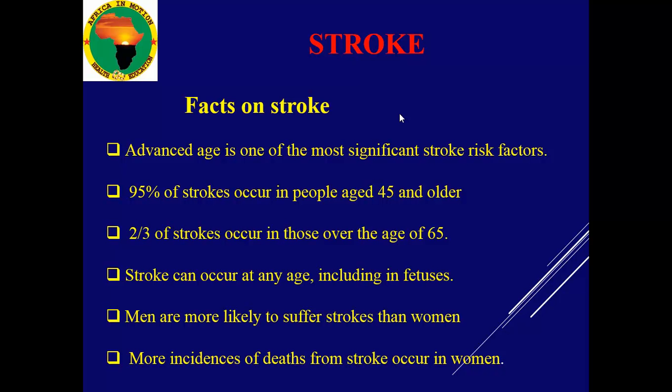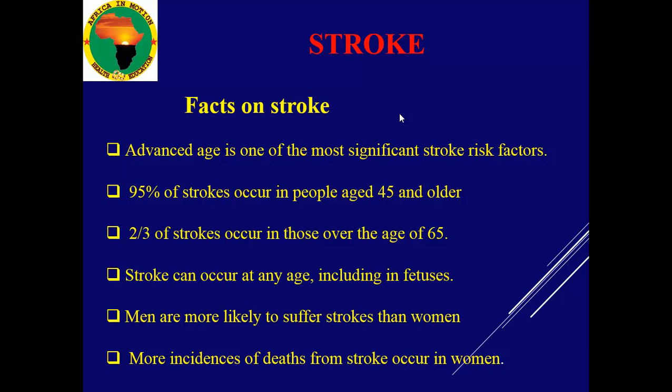Advanced age is one of the most significant stroke risk factors. 95% of strokes occur in people aged above 45 years. Two thirds, let's say 60-65%, of strokes occur in those over 65 years.